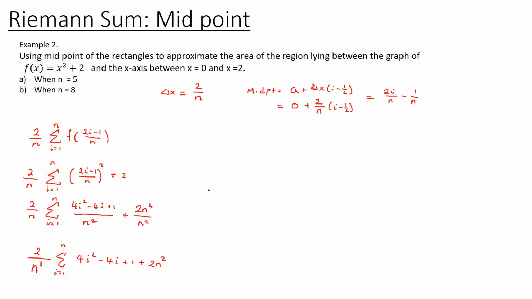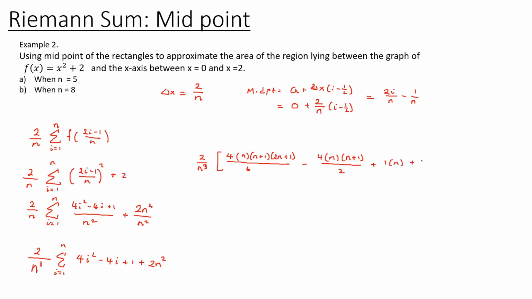Now we could solve this out in terms of n. So it would be 2 over n to the third, 4 times the sum of i squared, which is n times n plus 1 times 2n plus 1 over 6, minus 4 times the sum of i, which is n times n plus 1 over 2, plus the sum of 1, which in this case is 1 times n.